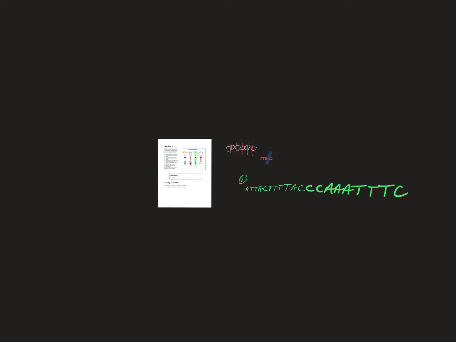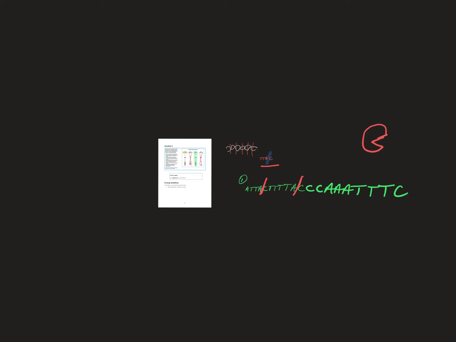In sample 1, every time there's TTAC, it was cut here, TTAC was cut here, TTAC was cut here, and that was it according to this. So if I cut this sample with an enzyme, a restriction nuclease, an enzyme that cuts the DNA at this particular sequence, then I'd have three sizes.